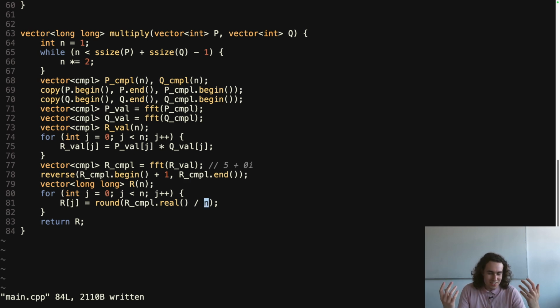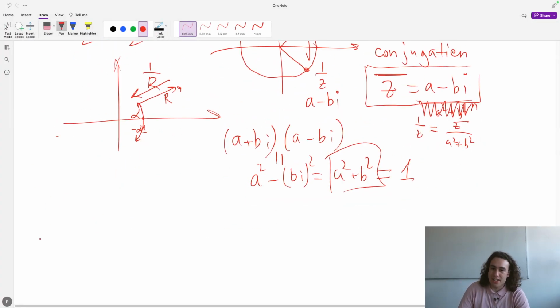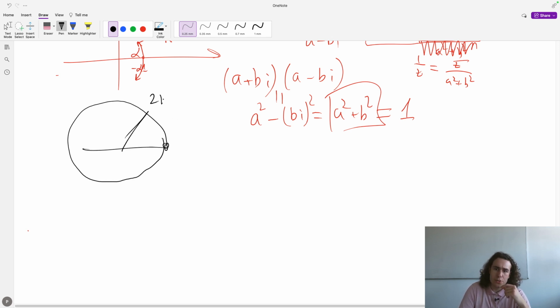But we can't just believe it, so we should prove that, right? To prove it, we need to remember what our FFT does. What our FFT does is we have a bunch of values on a unit circle, all angles of the form 2 pi j over n, right?